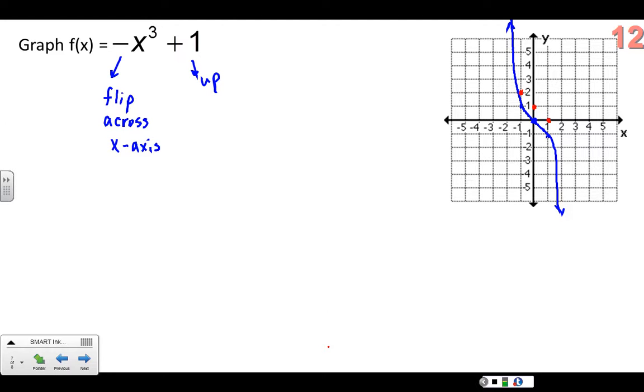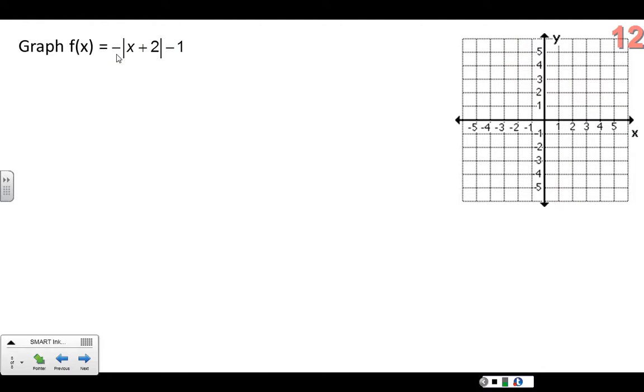So I can now take away that blue stuff, and here is our curve. So the negative there is going to flip it across the x-axis. Make sure you understand that reflection that's going to take place.